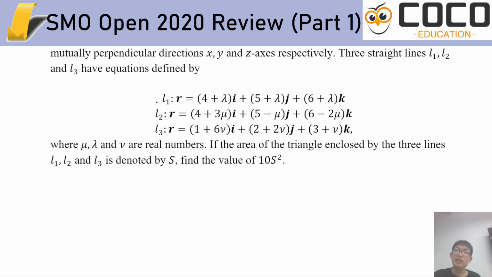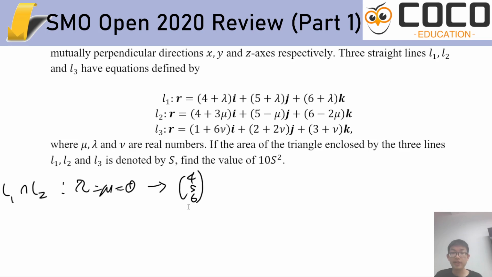Now, to find intersections, it means that for what lambda, mu, and nu will these coincide? And it turns out that it is not very hard to eyeball. L1 and L2 will intersect at 4, 5, 6, for i plus 5j plus 6k.